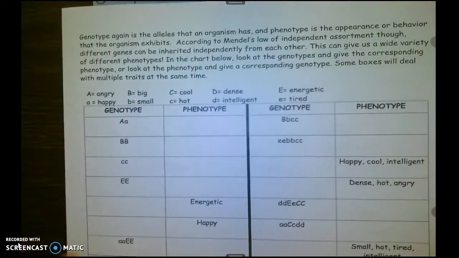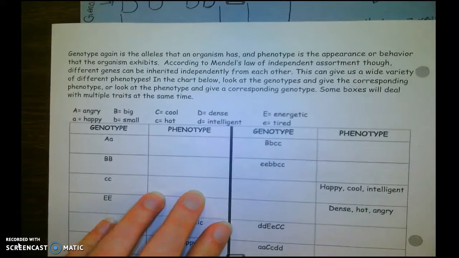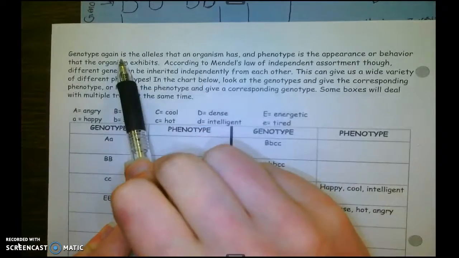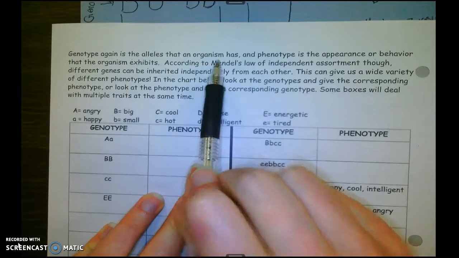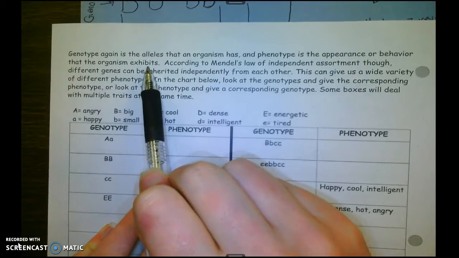Now flip over with me to the back. The back is a chart. Don't get scared about this. It's not bad, okay? Up at the top, it says genotype again is the alleles that an organism has, and phenotype is the appearance or behavior that the organism exhibits.